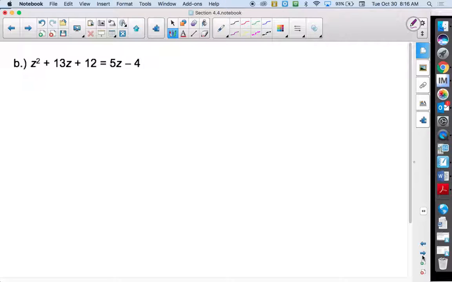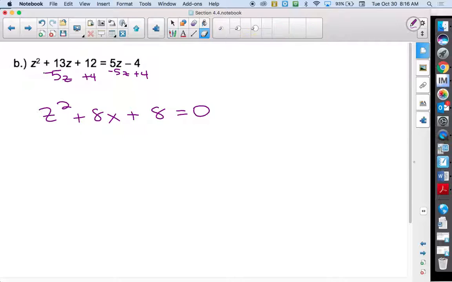And then the second one, if you set this equal to 0, we have to subtract 5z and add 4. So that gives a z squared plus 8z plus 16.